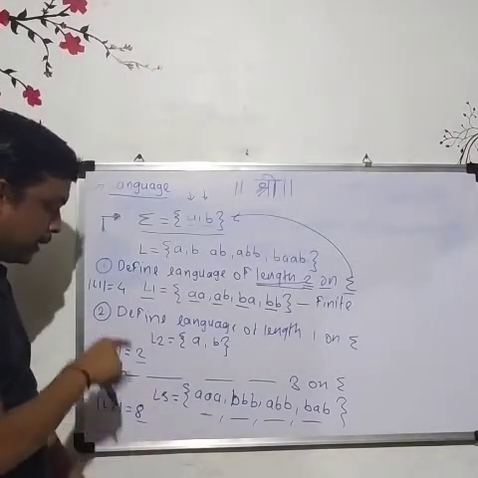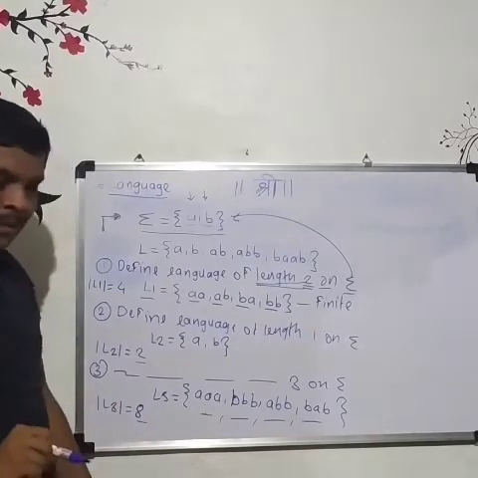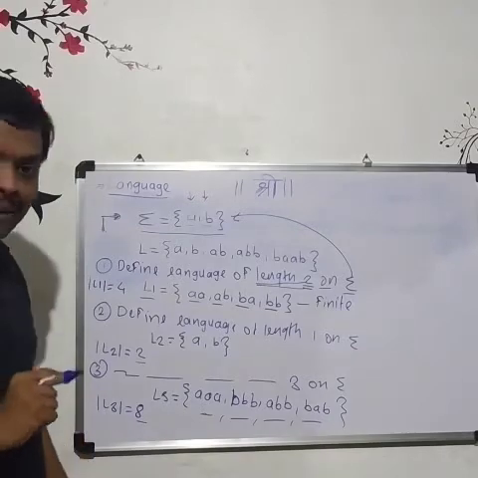Getting this point? Why are L1, L2 and L3 finite languages? Because in that particular set, a finite number of elements are there.